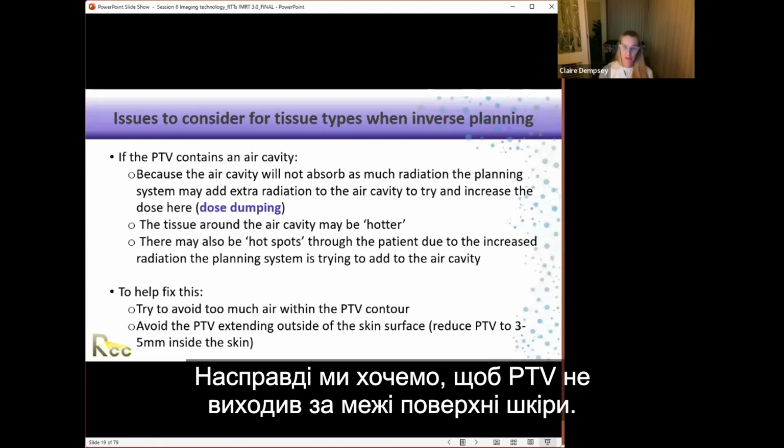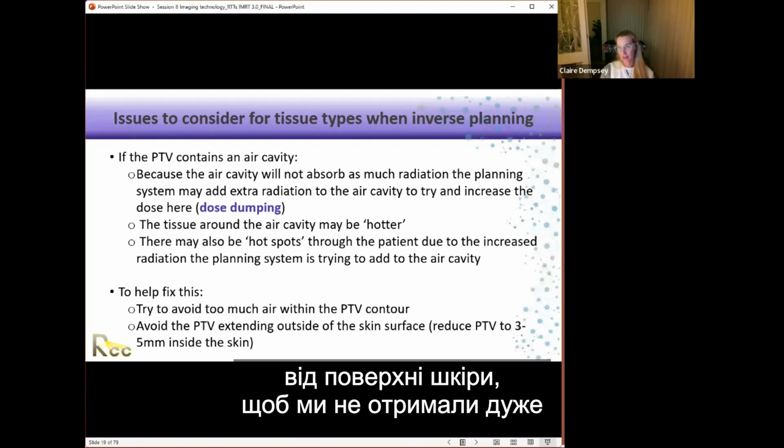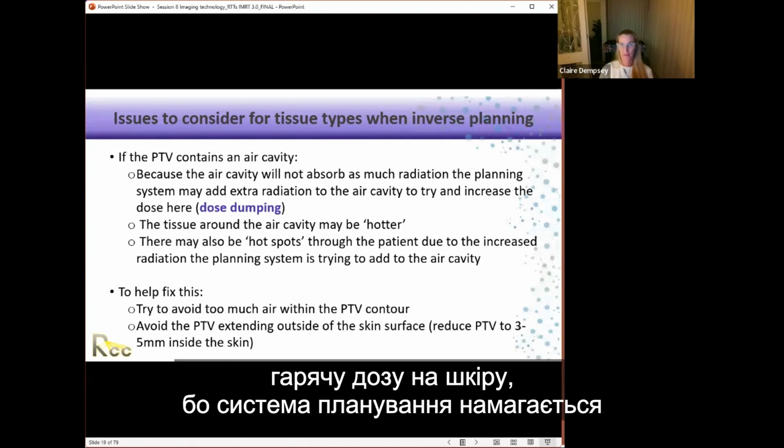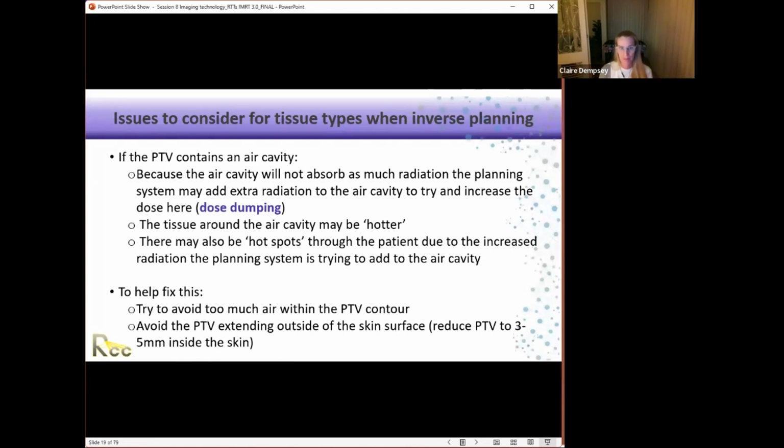And really we want to avoid the PTV extending outside the surface of the skin. So in my department, we generally reduce our PTV to usually between 2 to 5 millimeters inside the skin surface, just so that we don't end up with a really hot skin dose, because the planning system's trying to pump dose into air that it doesn't need to.